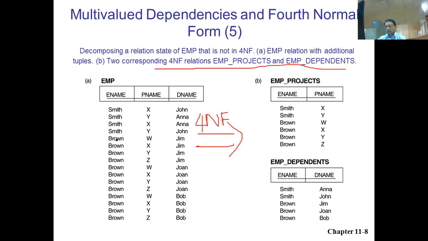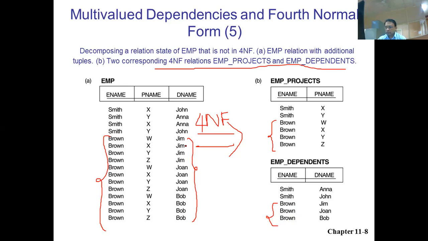If you observe here, if Brown is working on 4 projects, W, X, Y, Z, and he has 3 dependents, Jim, John, and Bob, then I need to write 12 tuples. But in this case, I'm avoiding the redundancy by writing only 7 tuples: 4 in employee projects and 3 in employee dependents.